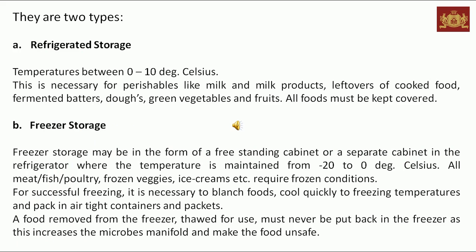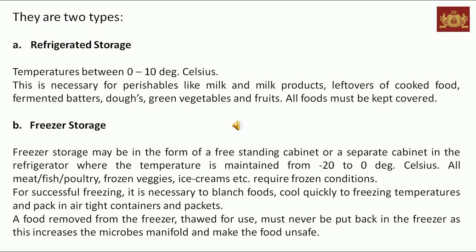There are two types: refrigerated storage, with temperatures between 0 to 10 Celsius. This is necessary for perishables like milk and milk products, leftovers of cooked food, fermented batters, doughs, green vegetables and fruits. All foods must be kept covered.